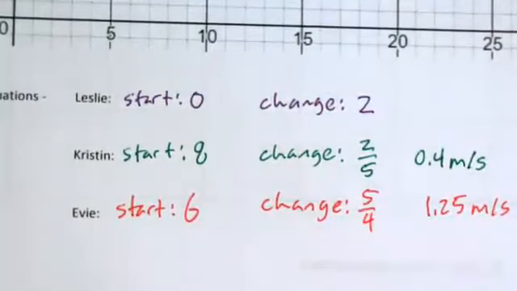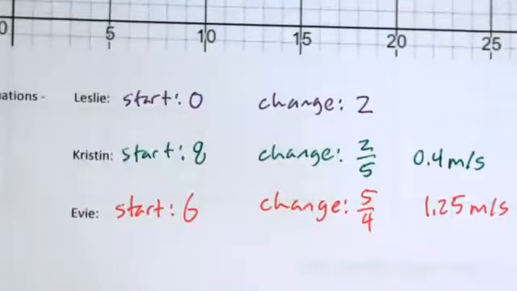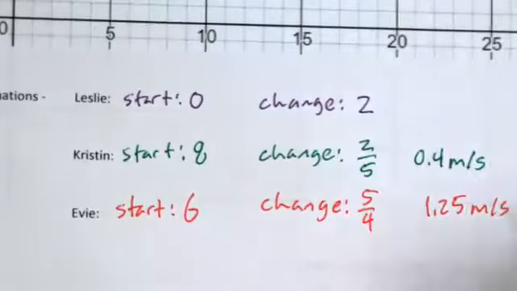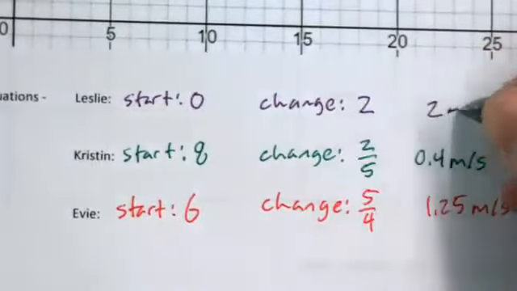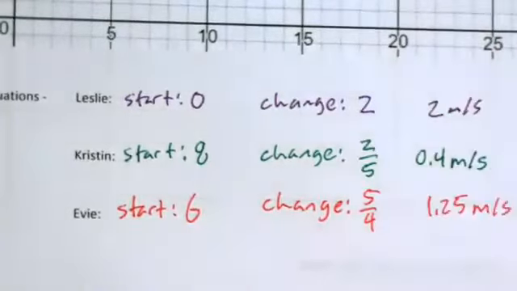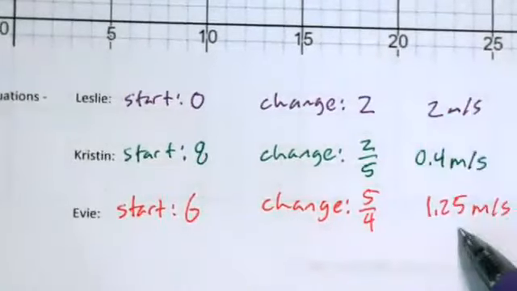All right, now we're going to graph these and we're going to answer a bunch of questions, but I have a question for you right now. They didn't ask us in here, but which racer is going fastest? Leslie, Kristen, or Evie? Leslie. Leslie has a speed of 2 meters per second. Clearly faster than Kristen and Evie.